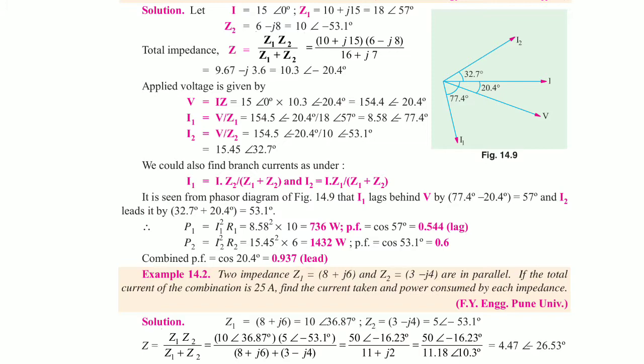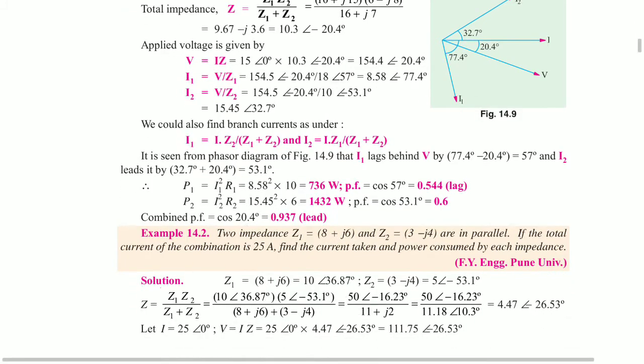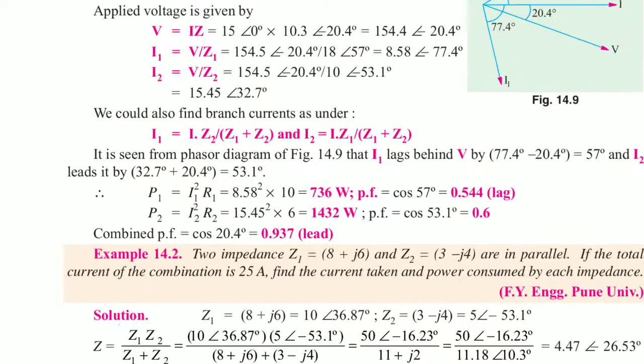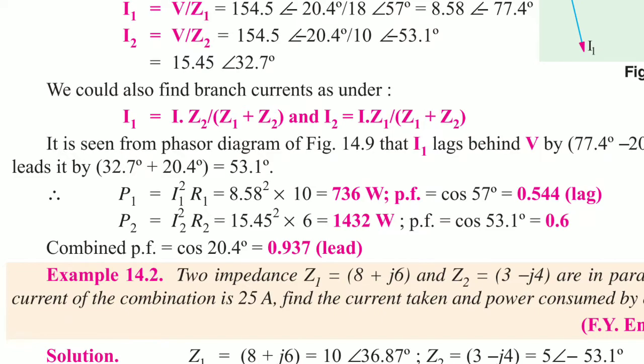53.1 degrees. So now P1 is equal to I1 squared into R1. Here I1 is 8.58, squared and multiplied by the resistance R1, that is 10, which gives 736 watts.